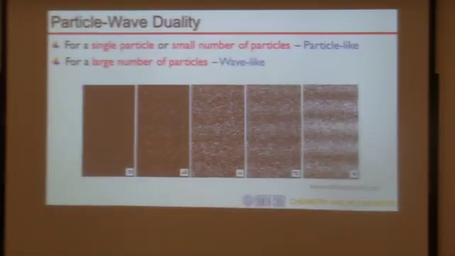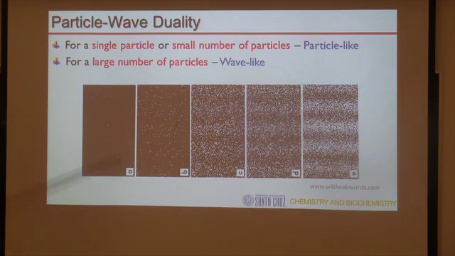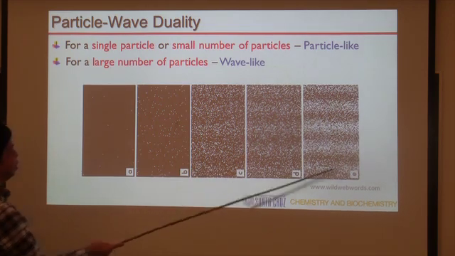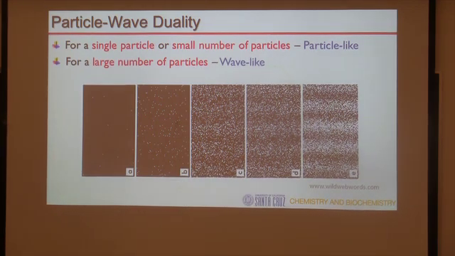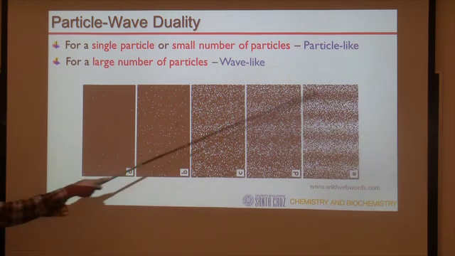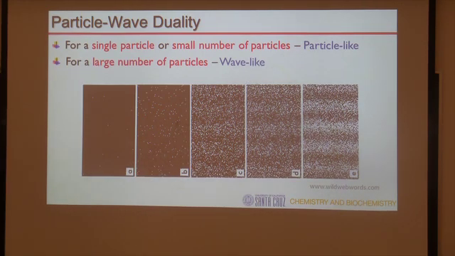This can be shown by the double-slit experiment. If only a limited number of electrons go through the double slit, you get this picture of random dots. But if you keep increasing the number of electrons and keep detecting the points where electrons hit the screen, you actually see the pattern. So from here to here, you see particle-wave duality. They are both there.